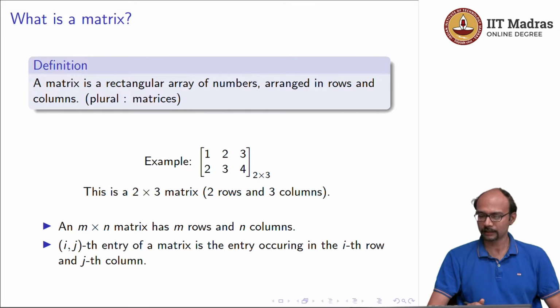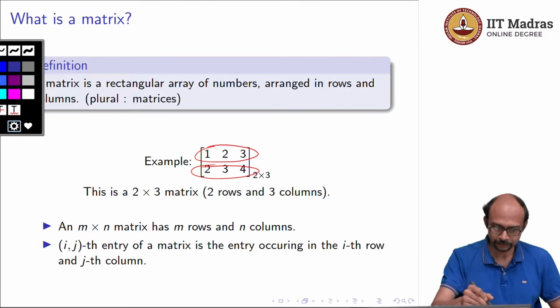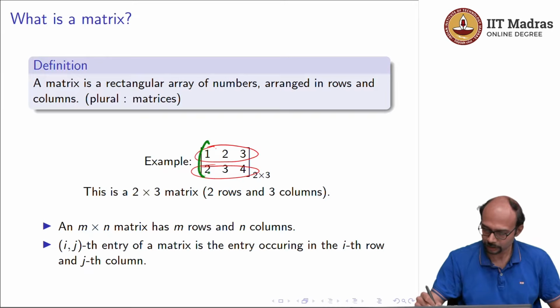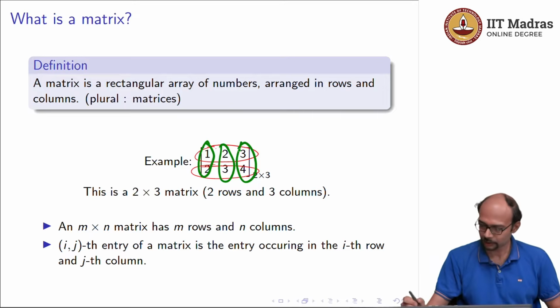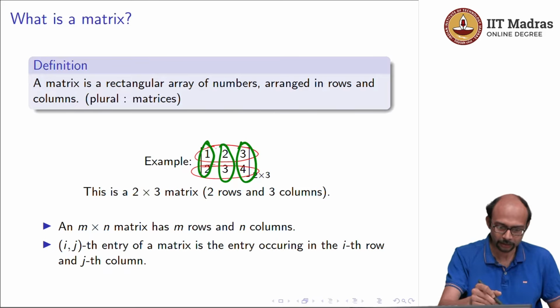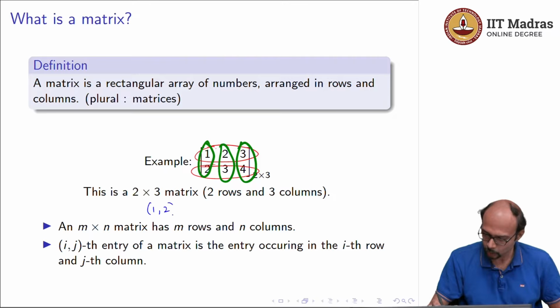Let's look at the example that we have here and look at the entries in this matrix. First of all, this has 2 rows. Here's the first row and here's the second row, and it has 3 columns. Here's the first column, the second column, and the third column. Now suppose I want to ask what is the 1,2th entry of this matrix.